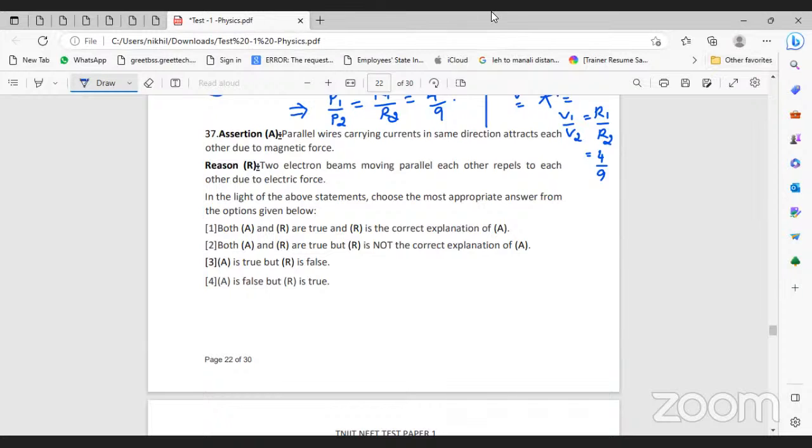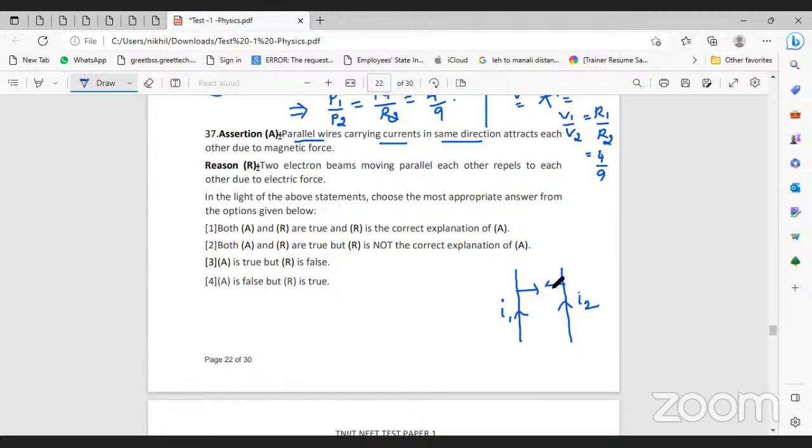See here, parallel wires carrying current in which direction? Same direction. So parallel wires carrying current in the same direction, let it be I1, I2. They are going to attract each other.